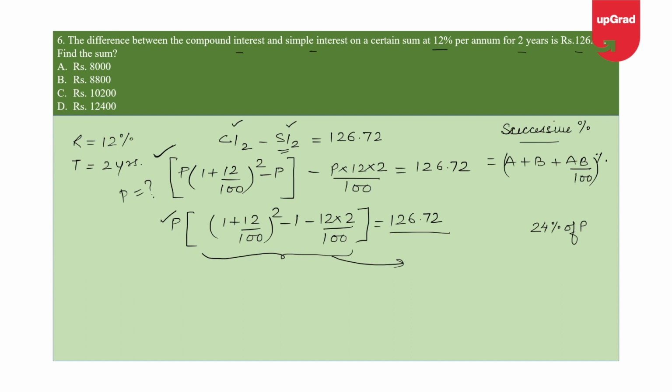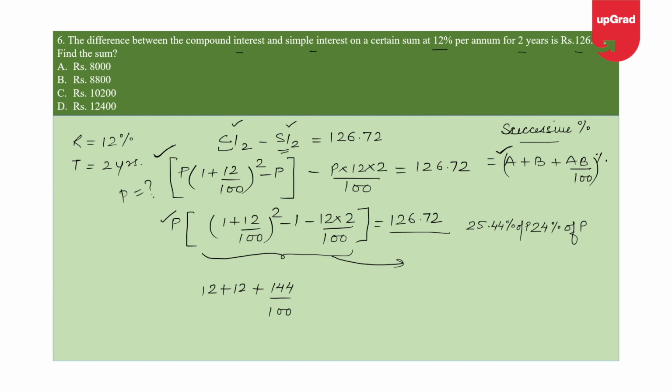What will happen in case of compound interest? In case of compound interest, we'll have to use successive percentage, which means 12 plus 12 plus 144, that is 12 multiplied by 12 by 100. So I would end up getting 25.44 percent of principal.